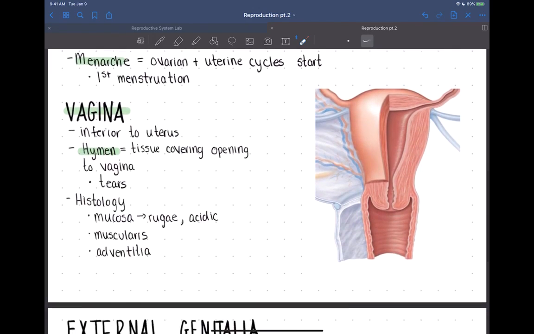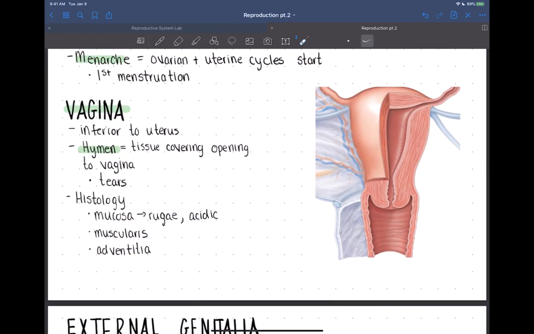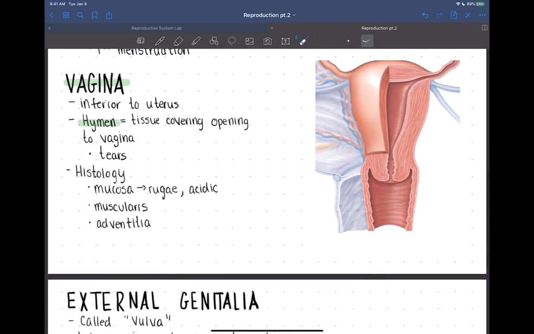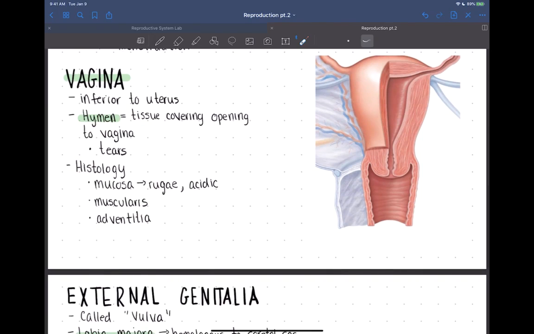If we continue from the uterus, we would reach, after the cervix and the cervical os, the vagina. The cervical os is the opening of the cervix, and after it is the vagina. So this cavity here, that would be the vagina. It's inferior to the uterus. As I said, there's the fornix. The fornix is this recessed region, this kind of indentation here.